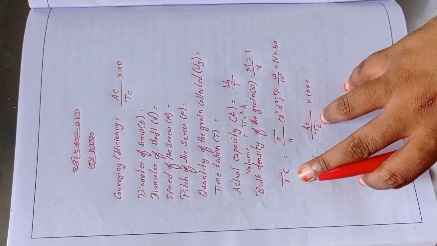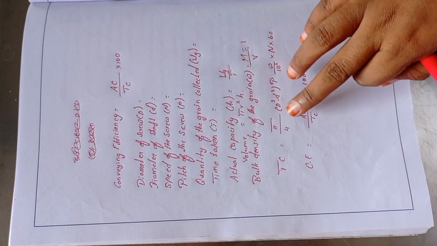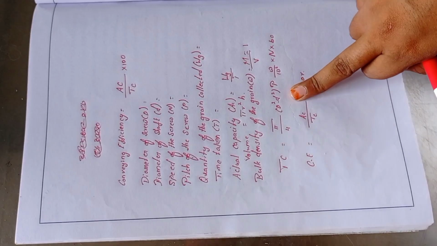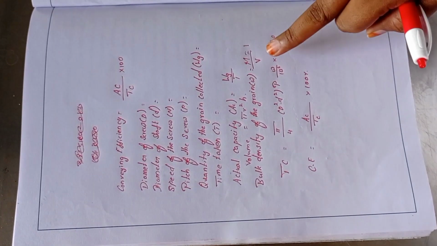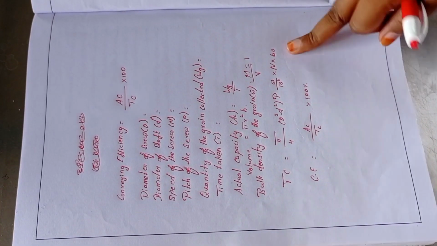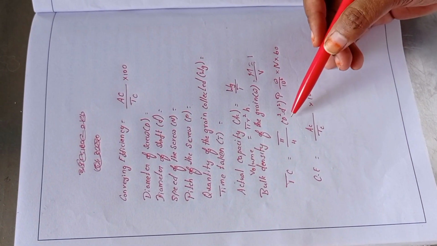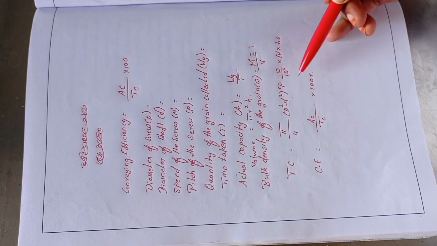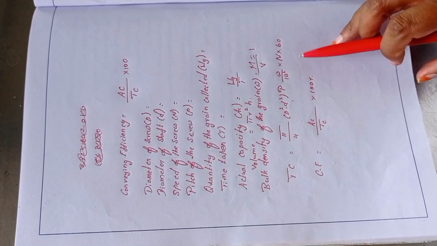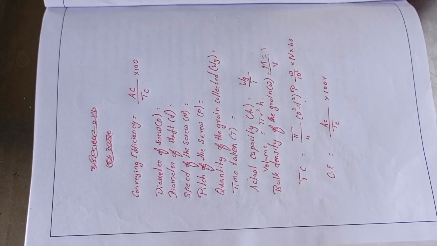For the theoretical capacity, the formula is pi divided by 4, into D square minus small d square, into p, into w by 10 power 6, into n into 60. D is the diameter of the screw and small d is the diameter of the shaft, p is the pitch of the screw, w is bulk density, and n is the speed of the screw which we can measure through a tachometer.